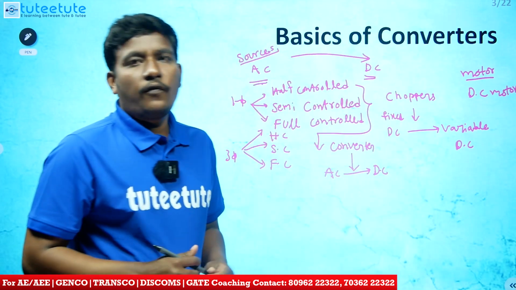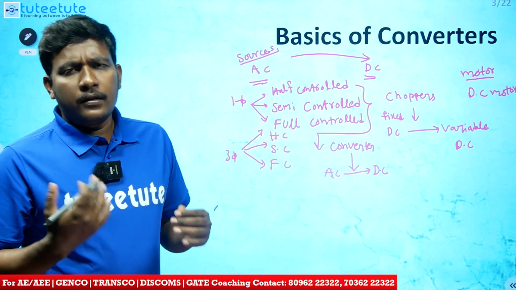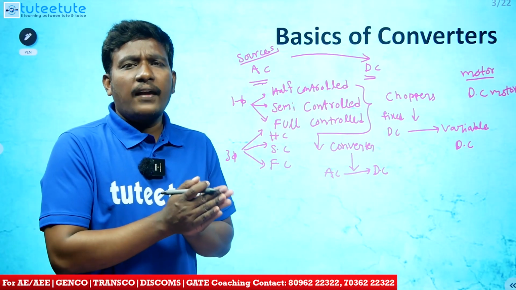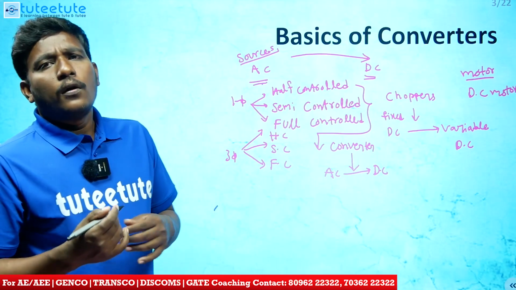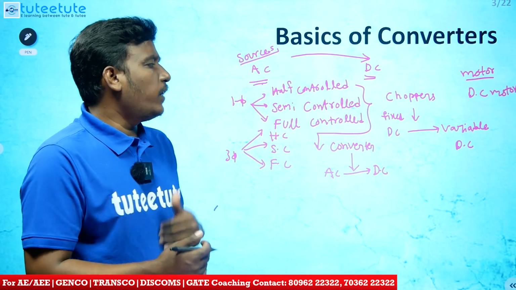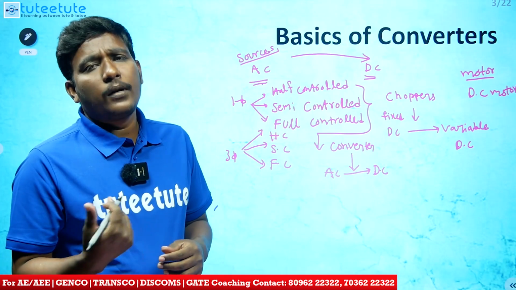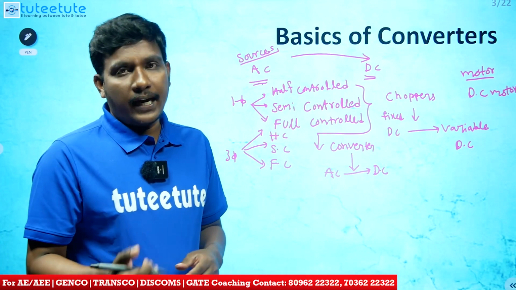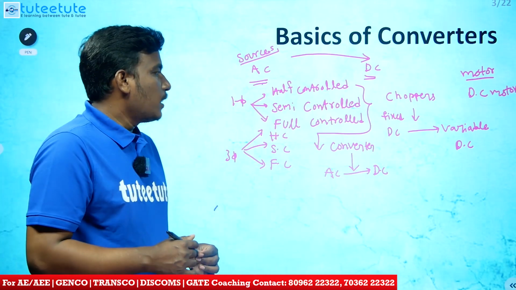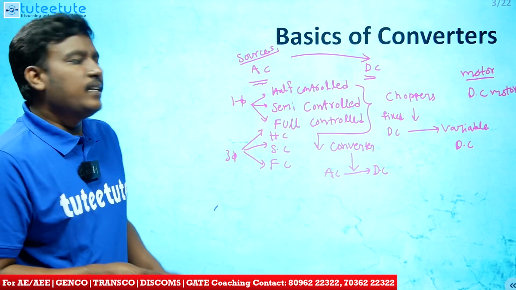So if the available supply for our DC drive is a DC supply, either from a battery source or some other means, we have a fixed DC source. With the help of choppers, we convert this fixed DC to variable DC based on the requirement of the motor, to meet the desired load conditions. So these are the different basic types of converters we are going to use for DC drives.